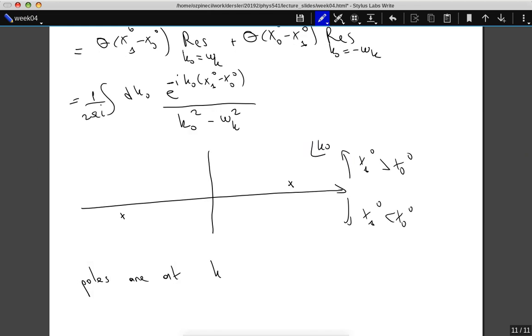So the poles are actually at k0 equal to plus or minus omega k plus i epsilon. These are the positions of the poles. Let me just check to make sure that I'm not making a mistake. If x10 is larger than x00, this is positive. No, it's the other way around.